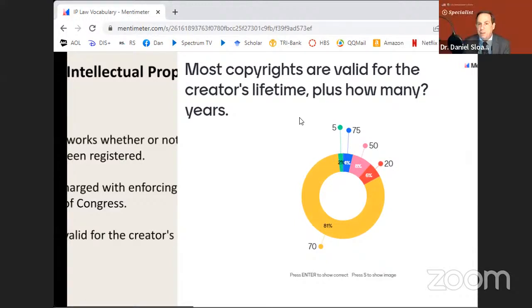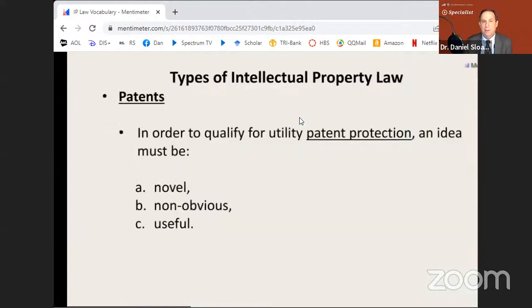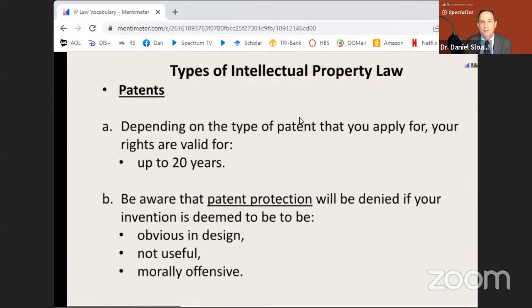Most copyrights are valid for the creator's lifetime plus. Boy, we have a lot of different answers here, and that's okay. That's good. 5 years, 75 years, 50 years, 20 years, and 70 years. Some of you probably remember me putting the last few slides up. It says, depending on the type of patent.